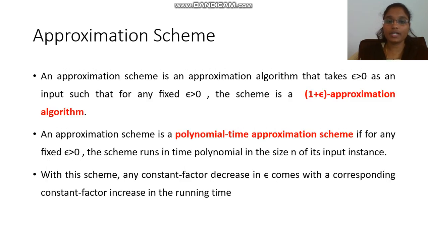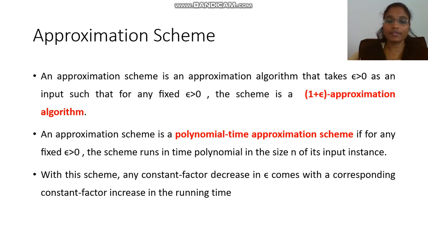There are different approximation schemes available. An approximation scheme is an approximation algorithm that takes an epsilon value greater than 0 as an input. For any fixed value of epsilon greater than 0, that scheme is called a 1 plus epsilon approximation algorithm. Another scheme is called a polynomial time approximation scheme.